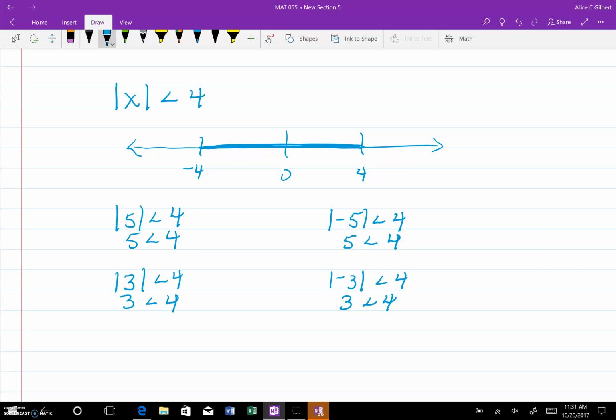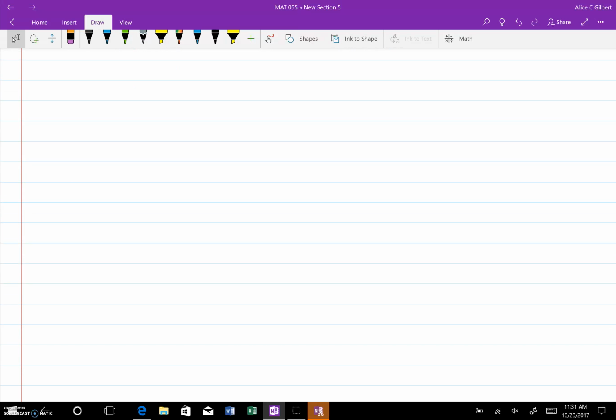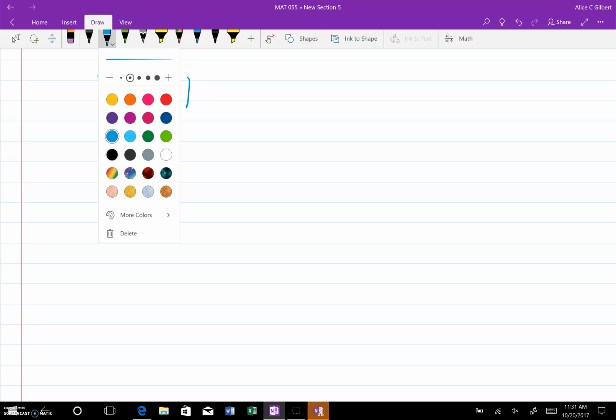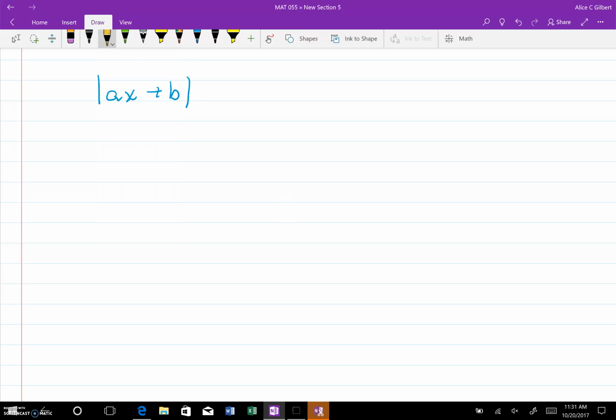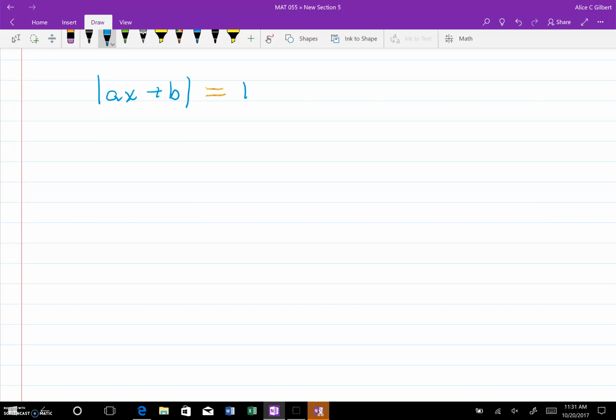Okay? So here's the rule of thumb. If you have, and this is just completely generic, and I'm going to change our signs because that is what we need to look for. Okay, so this x is the only thing that would be the variable.